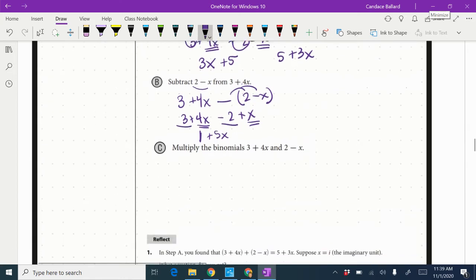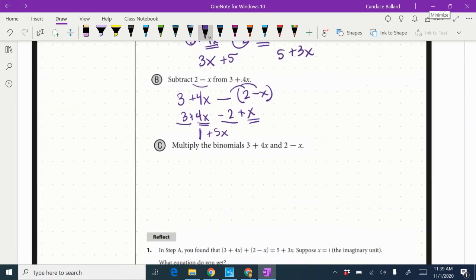And this last one says that it wants us to multiply these binomials together. So we've got 3 plus 4x times 2 minus x. Well, we've been working on that for a while. We know that we have to FOIL that. Or I could get out the box if I wanted to. We were working with the box. We could do that. So I'm going to FOIL.